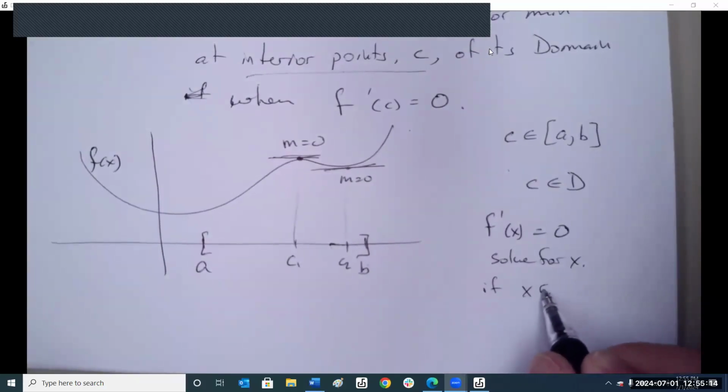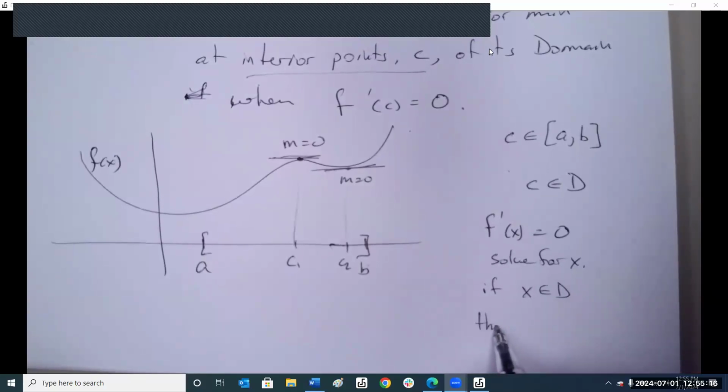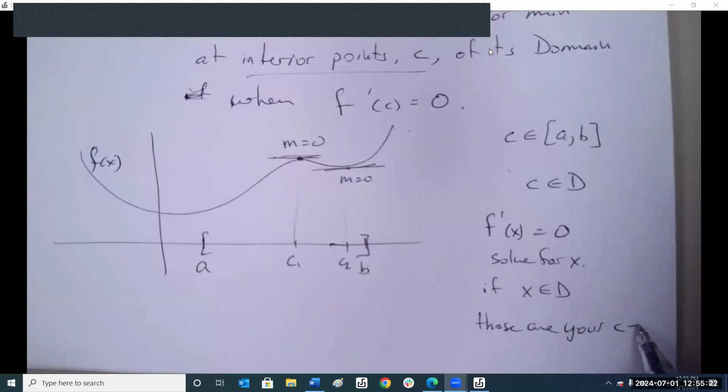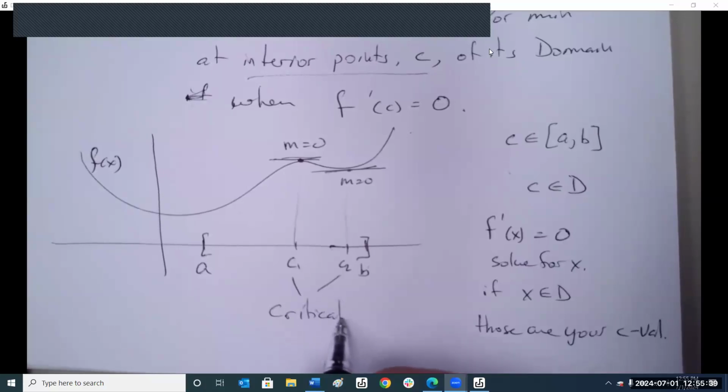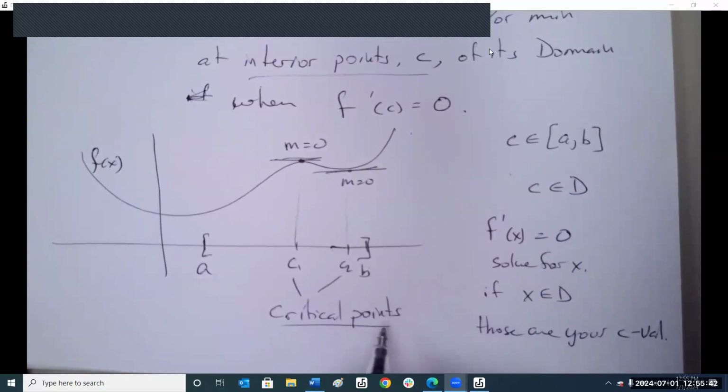If the x is within that domain, those are your C values. These C values are what we call critical points, because they help us find the maxima and minima.